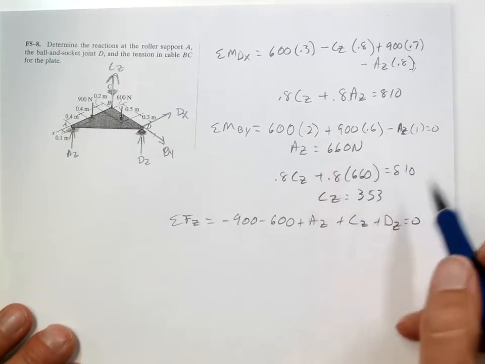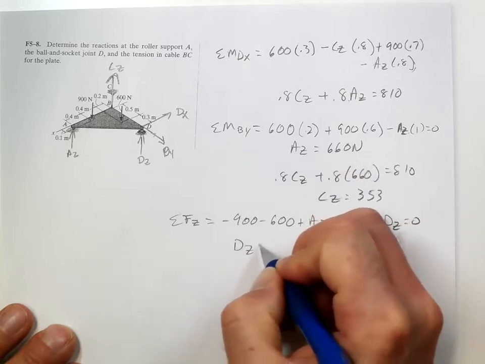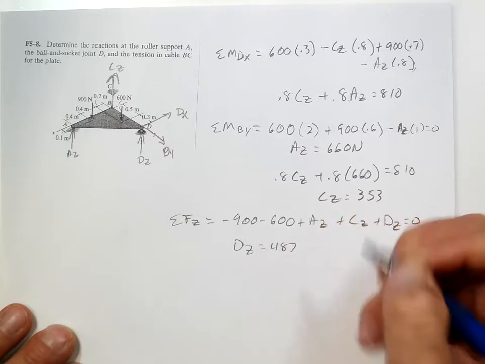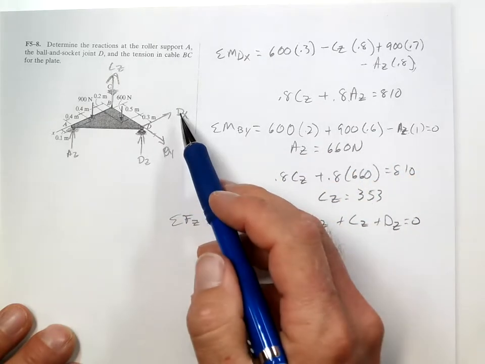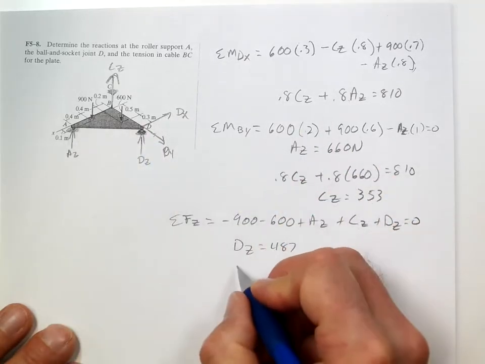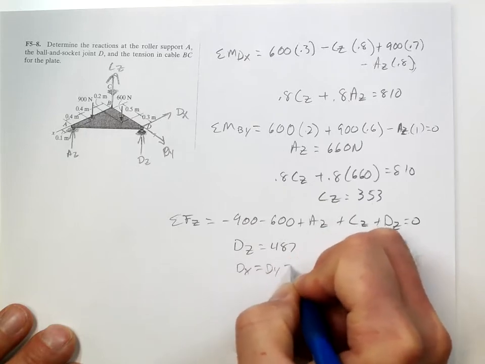We know what AZ is, we know what CZ is, putting in there, solving, DZ is equal to 487. The remainder, we got a D in the Y, we got D in the X. There are no X or Y forces, so therefore D in the X is equal to D in the Y is equal to 0.